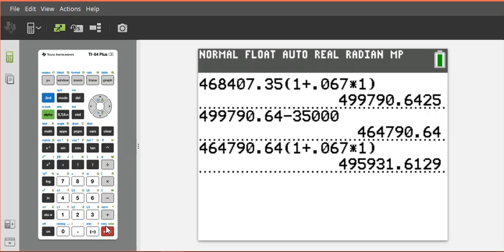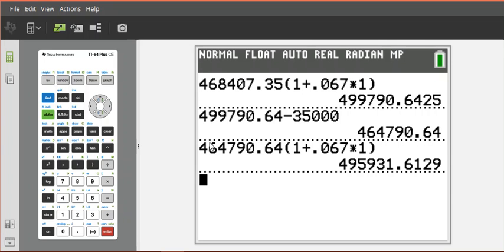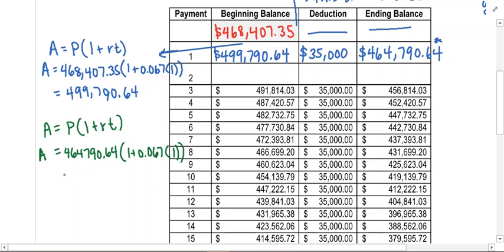Again, this is dollars and cents, so we need to round this to the nearest cent. We have 61 cents and there's a 2 that comes after, so we keep it at 61 cents. Jot this down. Here is your balance right before the second payment, and that number will go in the table right here.